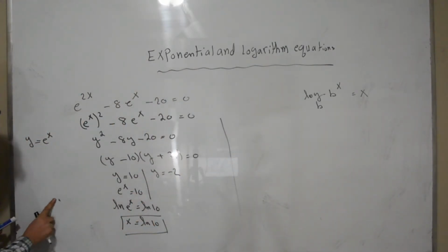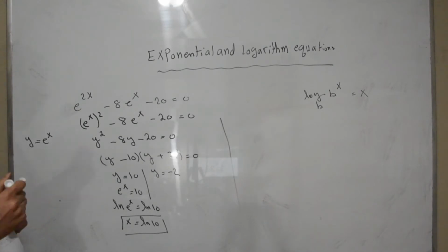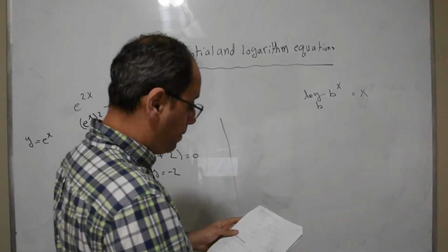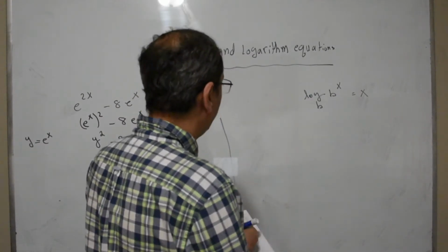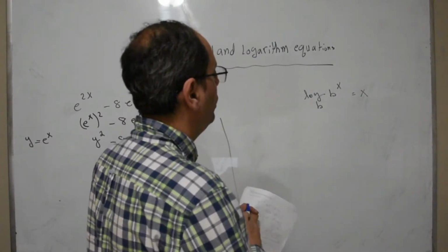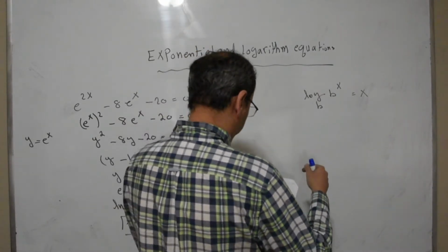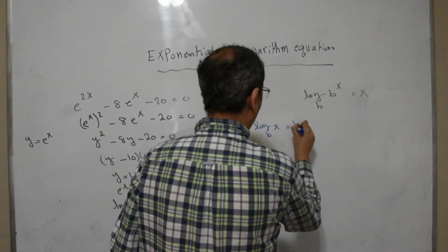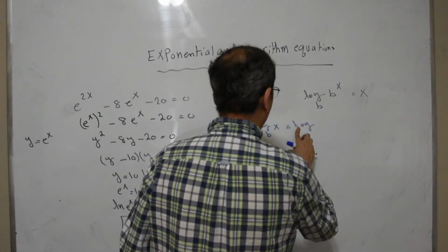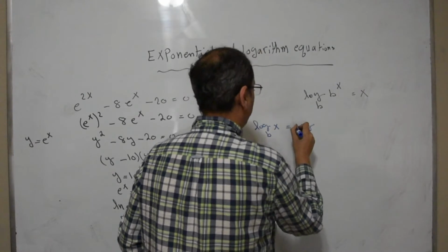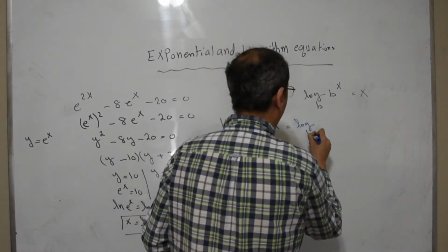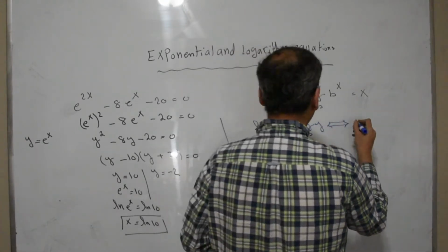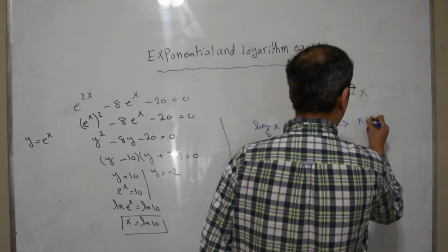So let's get another example. Alright, so I told you before that if log base b of x equals log base b of y, that implies, and if and only if, two ways, that x equals y.